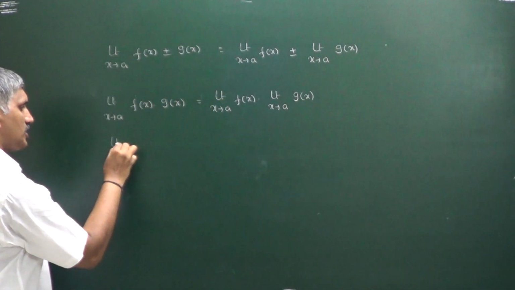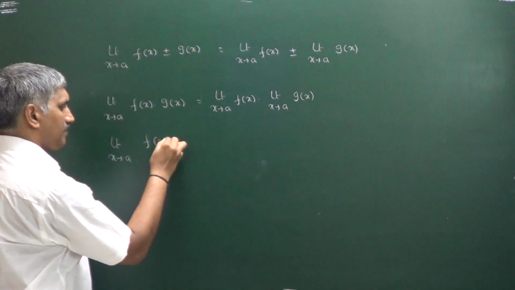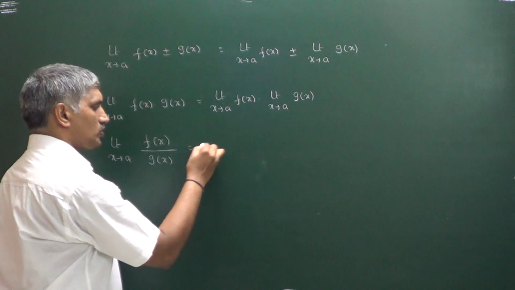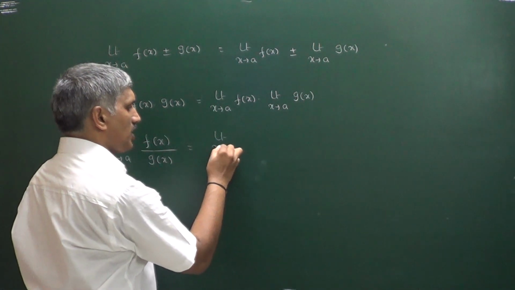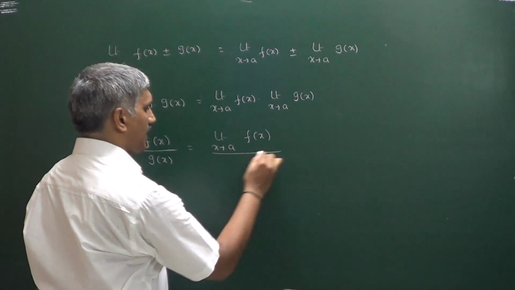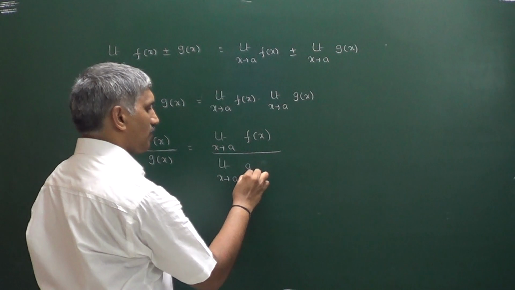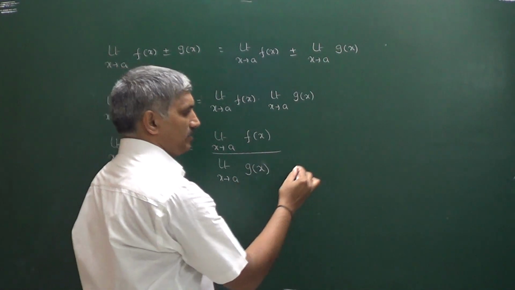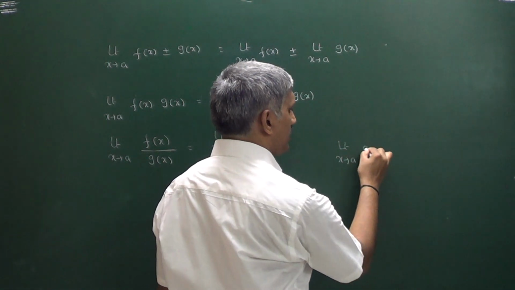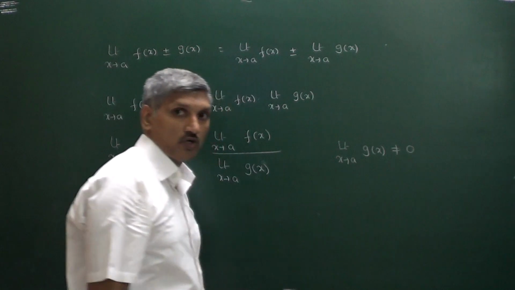Next we have limit x tends to a, f of x divided by g of x. We can write this one as limit x tends to a, f of x divided by limit x tends to a, g of x, provided the denominator, that means limit x tends to a, g of x value, is not equal to 0.